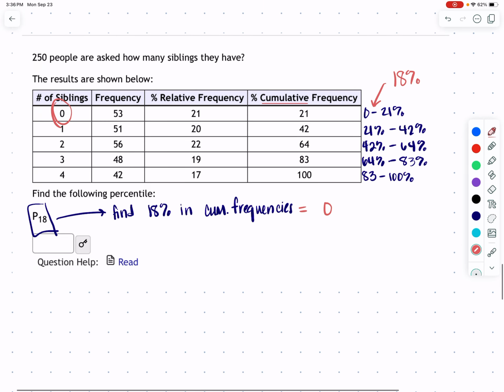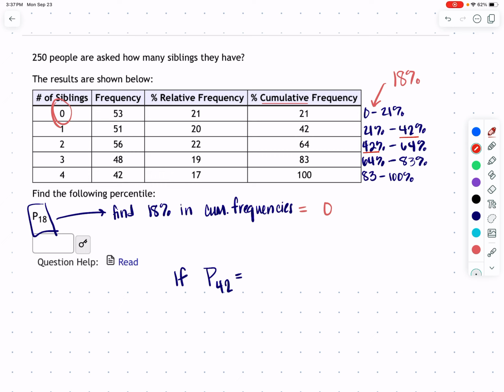If, for whatever reason, you were asked for the 42nd percentile. Now, I'm not trying to lose you. This is a what if kind of question, because this is one that you're very, very prone to miss if you're not real sure what's going on. The 42nd percentile occurs in 2 places.